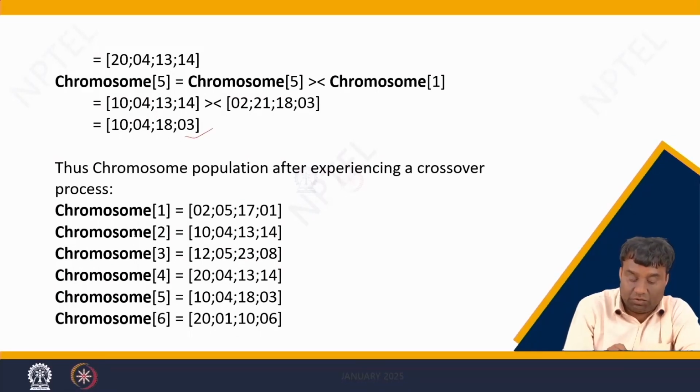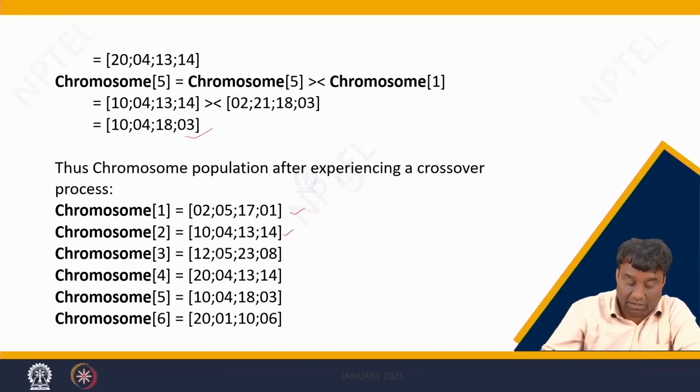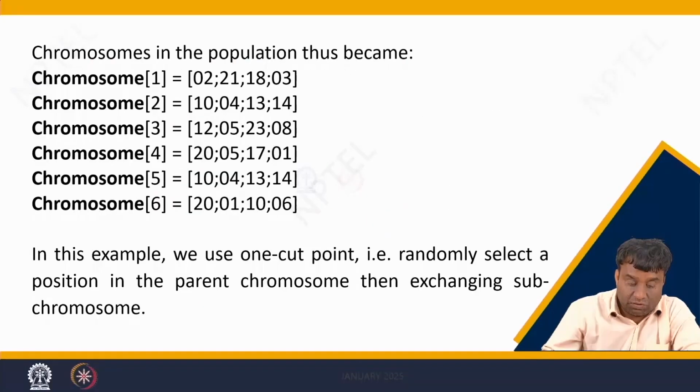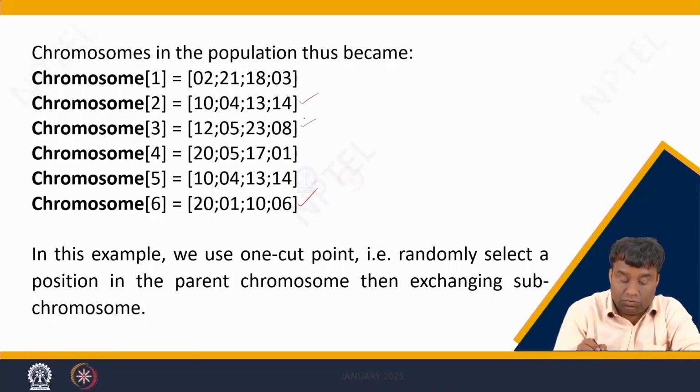So for the new chromosomes, we have chromosome 1, then chromosome 2, then chromosome 3. Only 1, 4, 5 will change, and the rest, 2, 3, 6, stay as they are. So just check it. Chromosome 2 is 10, 4, 13, 14. Chromosomes 2, 3 and 6 will be the same; similarly 3 will be the same and 6 will be the same.